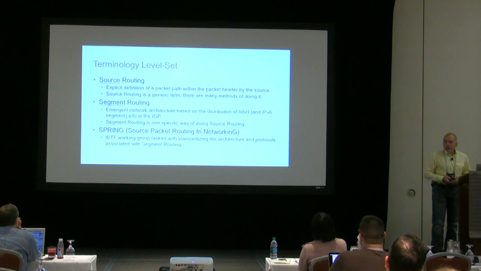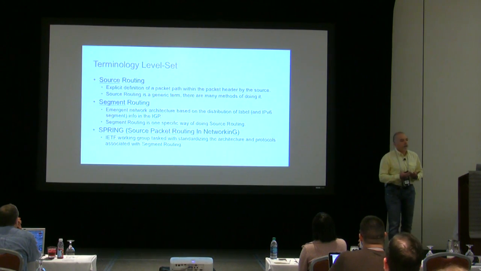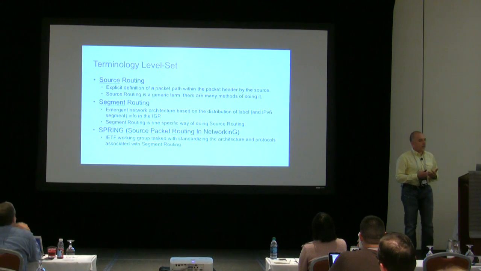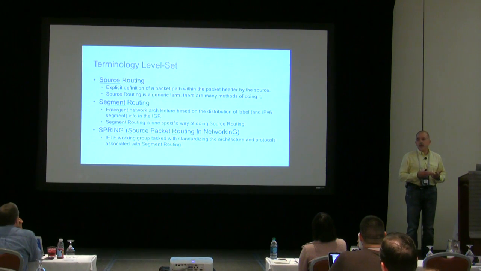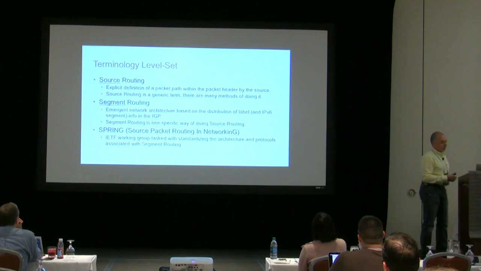And everybody just follows that sequence in the forwarding of the packet. And then Spring gets used as well. Spring is simply the name of the IETF working group who is in charge of making sense of all this.